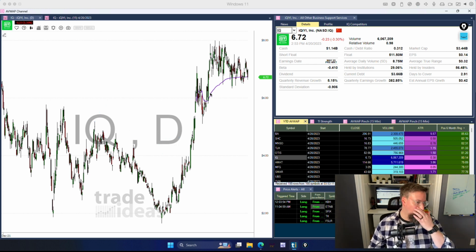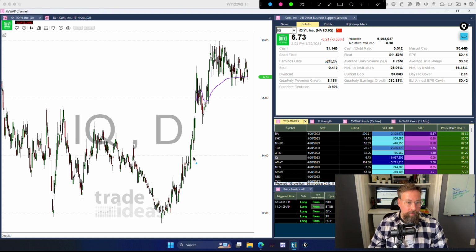So IQ is a perfect example here. If you go back to the study, you say, okay, I want to own things that are above their year-to-date anchored VWAP, and I want to stay out of things that are below their year-to-date anchored VWAP. Well, if you look, this is a pretty typical bull flag or a pennant, whatever you want to call it, in IQ. We had a big push up from $2 to $8, and now we've just been consolidating sideways.